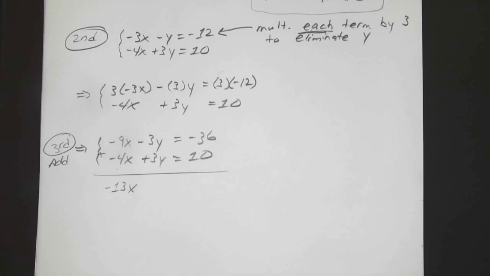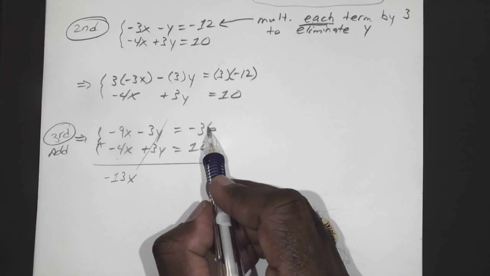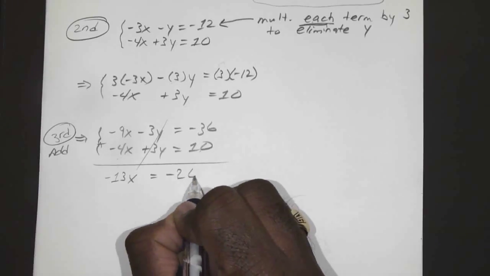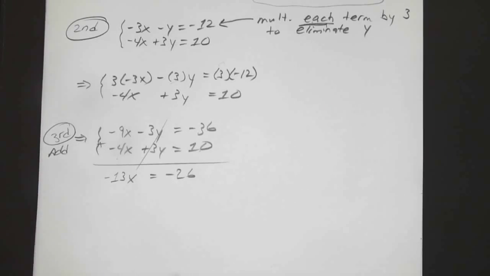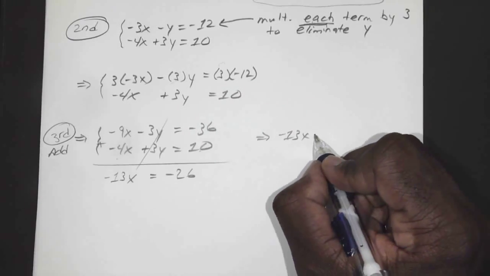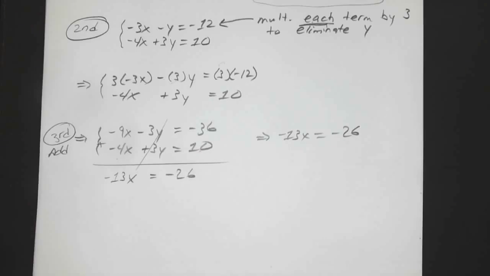And then minus 3y and plus 3y, they're opposites, so when you add them together, they disappear. You have negative 36 plus 10, which is negative 26. So that means we end up with negative 13x equals negative 26.